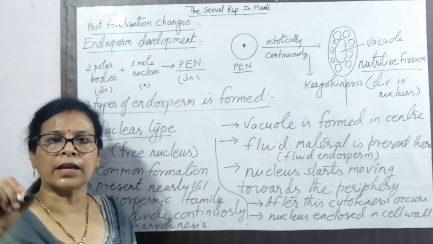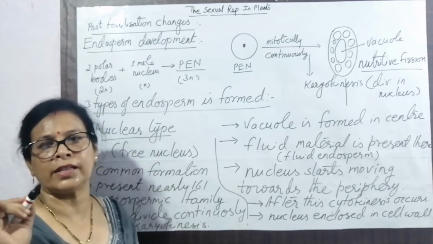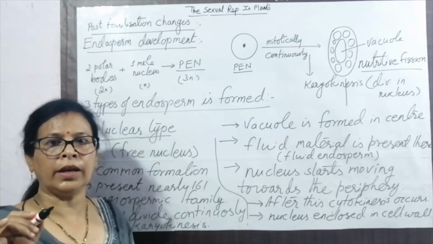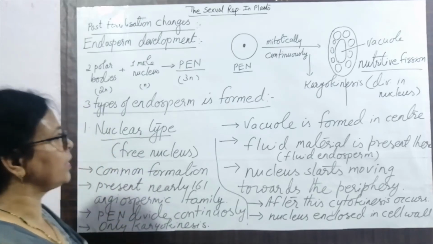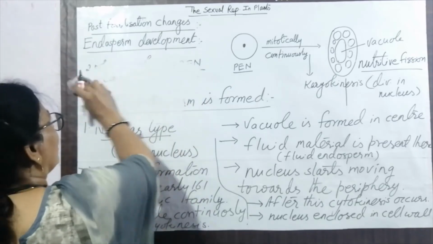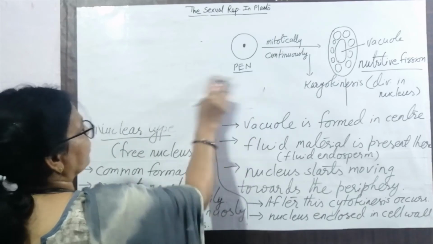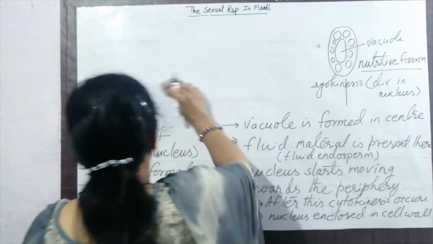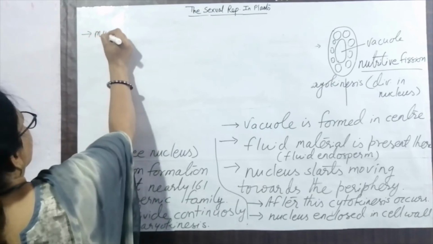All the nuclei are covered by cell wall, and after the formation of the cell wall, the multicellular endosperm is clearly visible. The number of cells is more than one, so it is called the multicellular endosperm. The nuclear type is also called the multicellular endosperm.